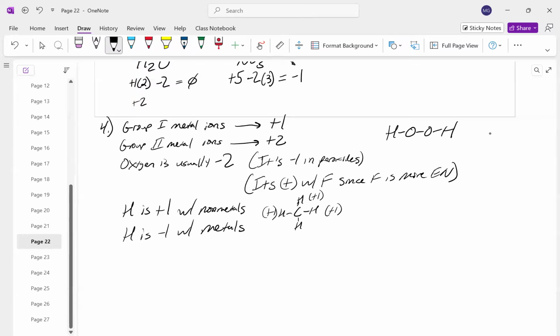And then if we just did the math, that would mean the carbon is +4. But in a compound like sodium hydride, if sodium is always +1, it's going to make that hydrogen be -1.